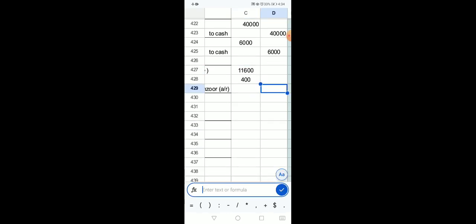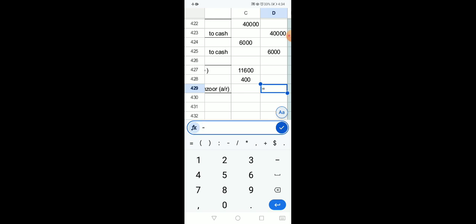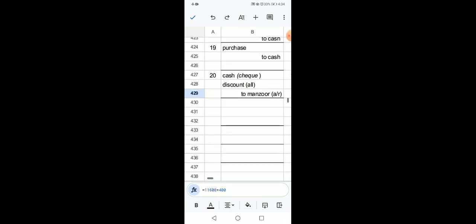On the debit side we have two amounts, 11,600 and 400. We will sum up these entries and write the answer of that sum on the credit side, with which debit side and credit side would be equalized. You can see 11,600 and 400 on the debit side, 12,000 on the credit side. This way we have completed entry number 20, and I hope you have understood all the entries.